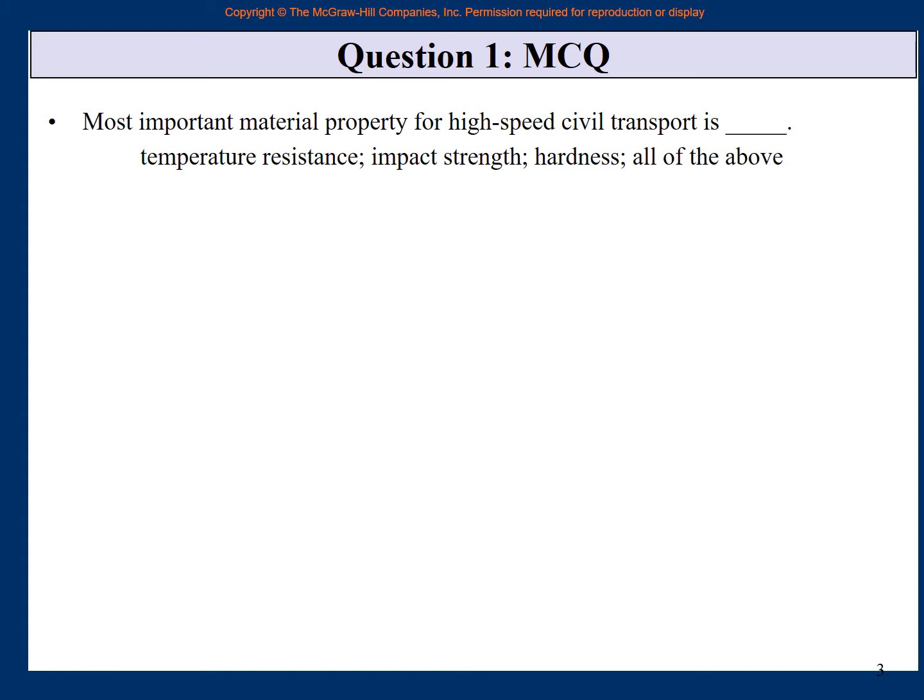If you remember, a large civil transport carrying 300, 400 people is very large in size, and it is traveling at the speeds of sound and above, high speed, right? Mach 2, Mach 3 and so on. So the most important problem becomes the friction on the body with the air, which generates a lot of heat.